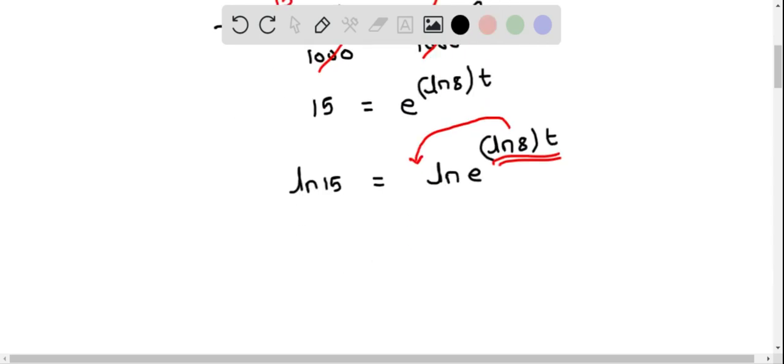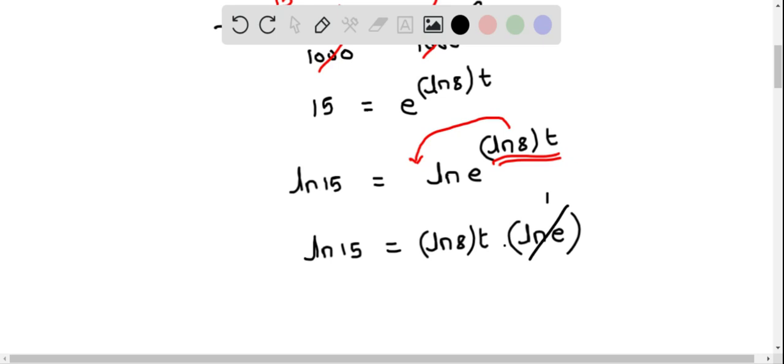So in the next step, I can rewrite this as natural logarithm of 15 equals natural logarithm of 8 times t times natural logarithm of e. We know that natural logarithm of e is 1, so I will just remove this from the equation.